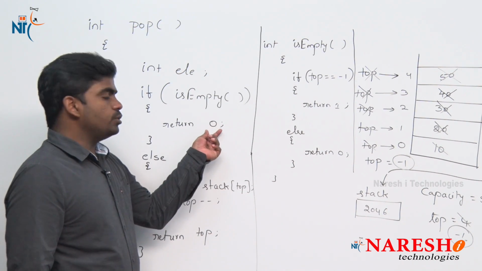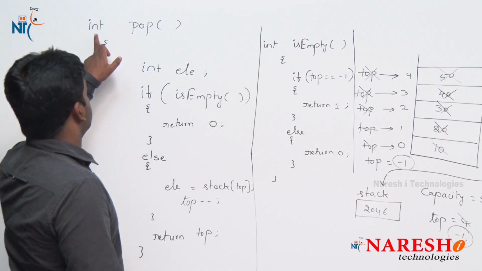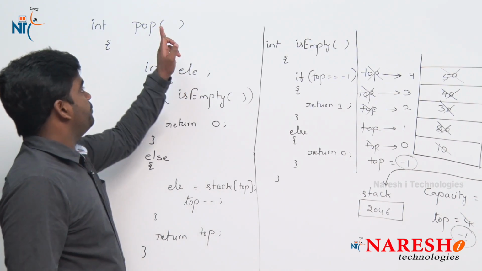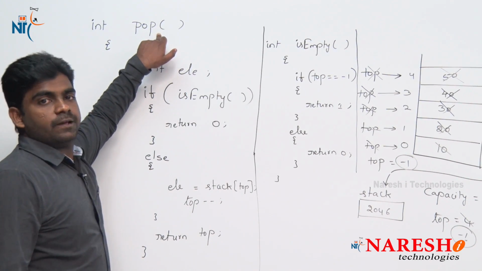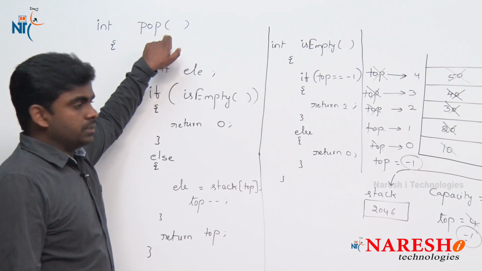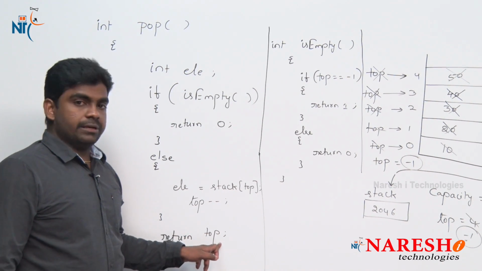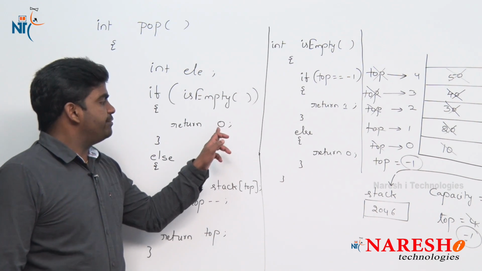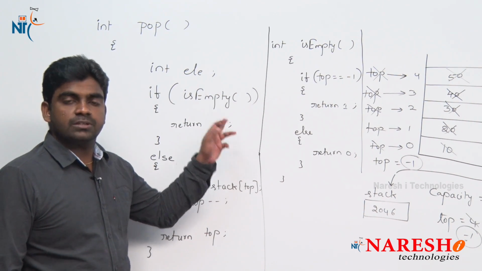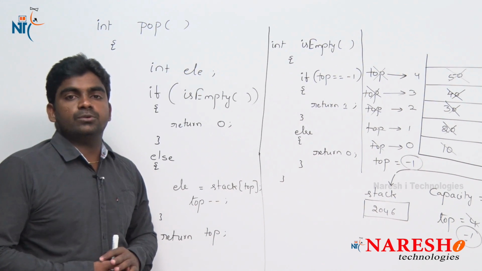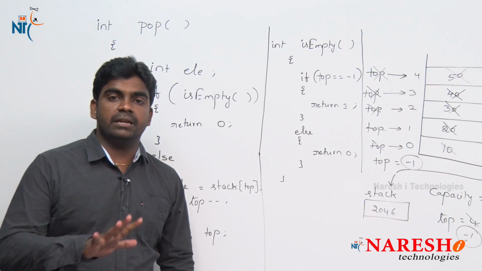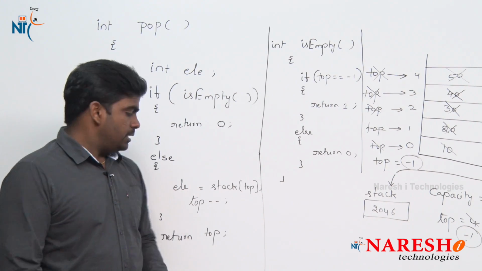Sir, where are you collecting the 0? We are collecting it in the calling method from where the pop method was called. Suppose if it is returning the top value, there we are printing the top value. Suppose the returned value is 0, there we print the message that the stack is empty, or else we print the returned value.